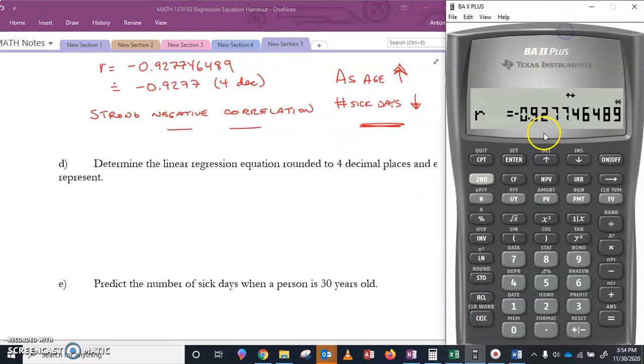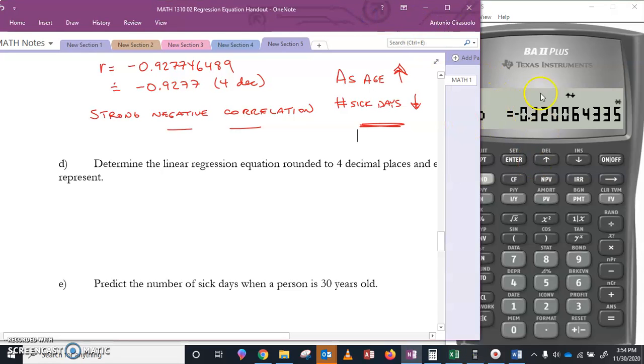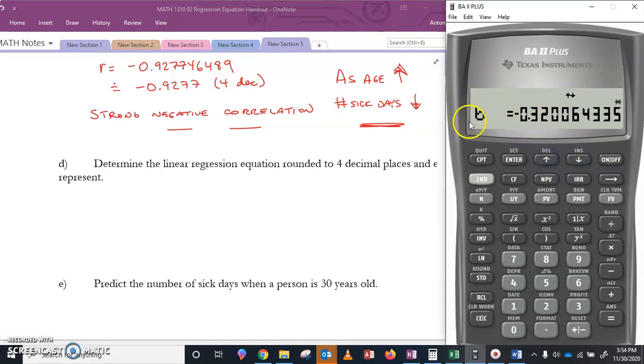Next, it asks, determine the linear regression equation rounded to 4 decimal places, and explain what the values represent. All right, so once again, we go to our calculator, and we scroll back up, and there are 2 values, A and B. And remember that B is your slope, and A is your y-intercept.